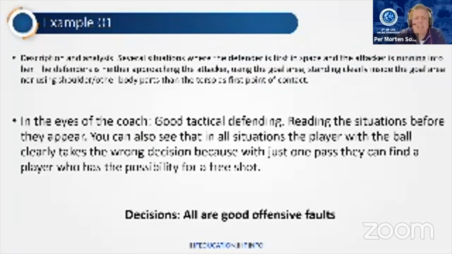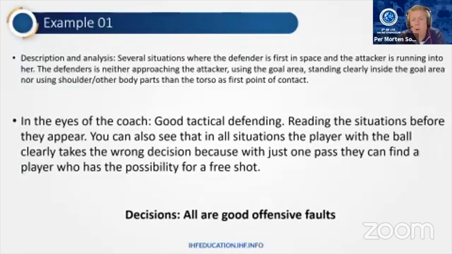Here we see several situations where the defender, or the defenders, are first in space. Sometimes it's two, sometimes it's one defender, and the attacker is running into her. You don't see any forward movements here.